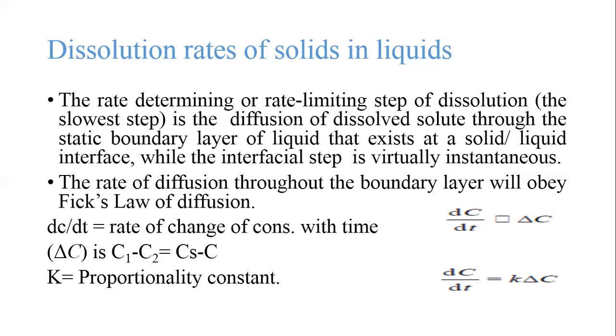Keep in mind that diffusion of the molecules throughout the boundary layer follows Fick's law of diffusion. That means as the difference in concentration of the solute molecules between the boundary layer and the bulk of the solution increases, the rate of change of concentration with time will increase also.